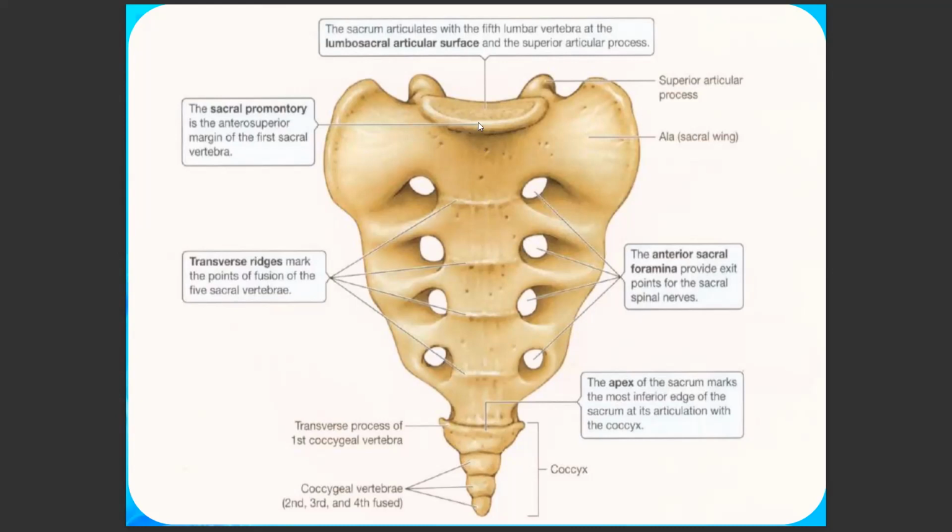This is the end of the first segment and this is the start of the next. This is actually the replacement of the disc which is present between 2 vertebrae. So these transverse ridges mark the points of fusion of the 5 sacral vertebrae.